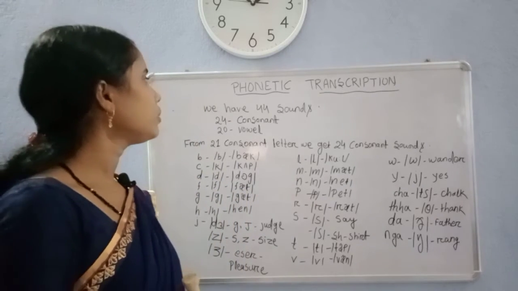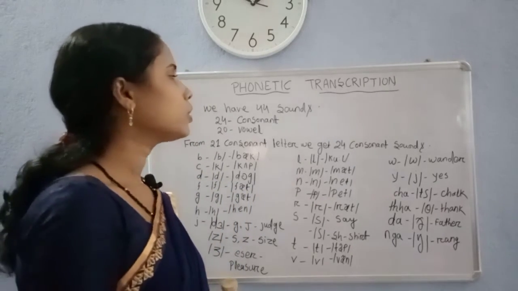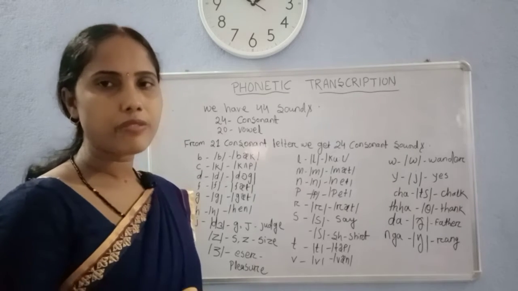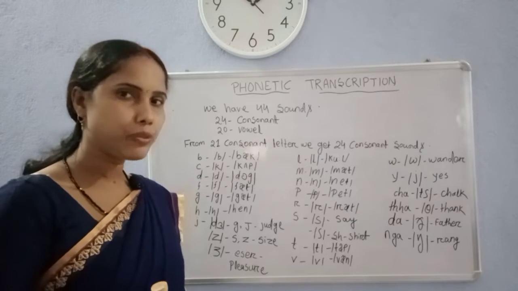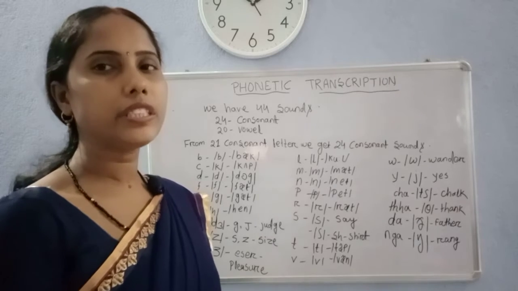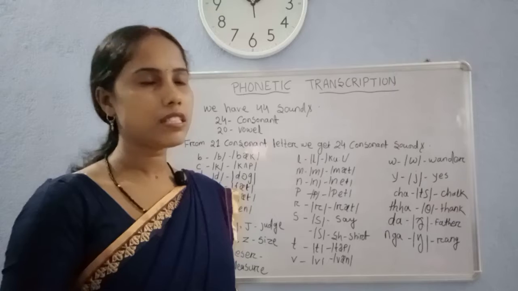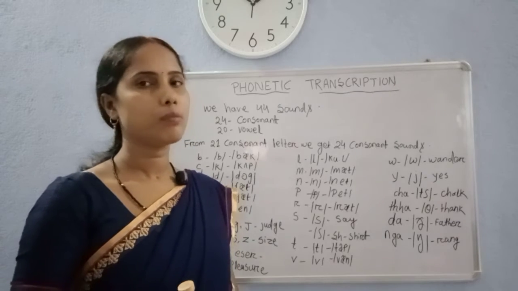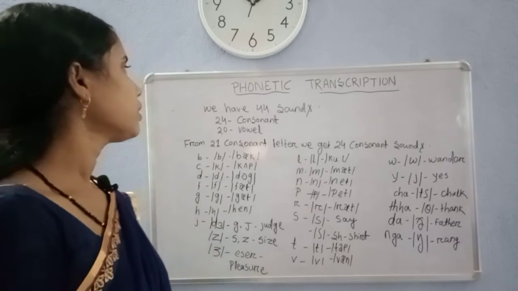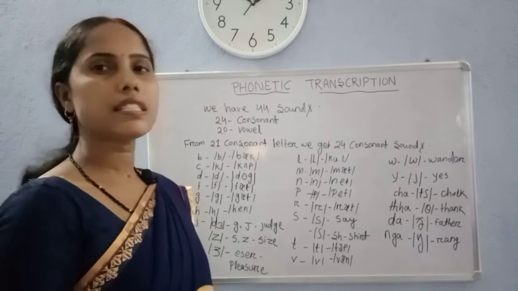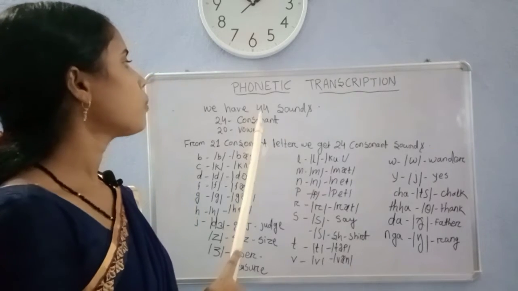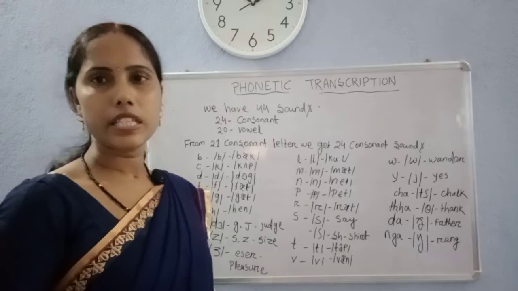Students, you all know we have 26 alphabets in English, and from them we have 21 consonant and 5 vowel letters. And this is about letters. But if we go to our English sounds, then we have 44 sounds in English.